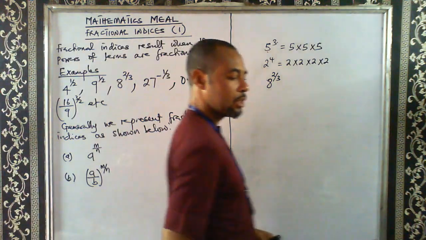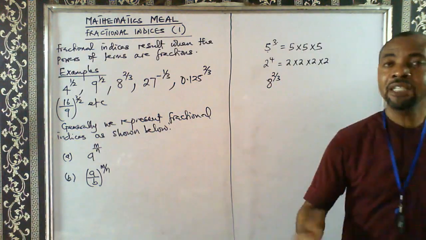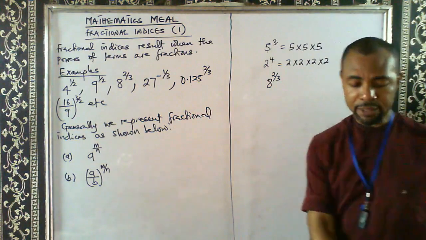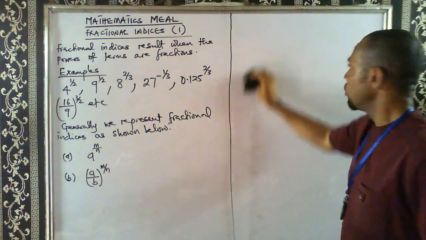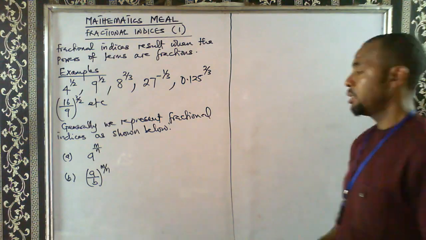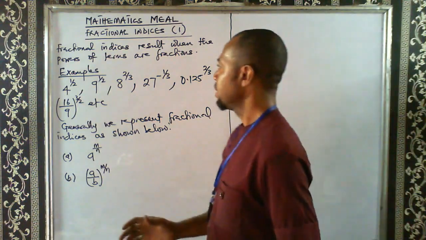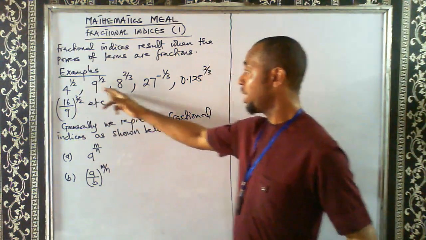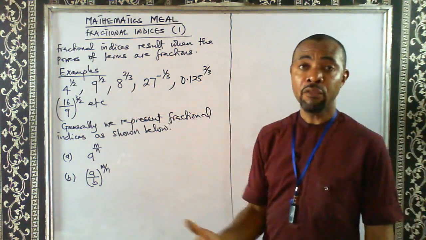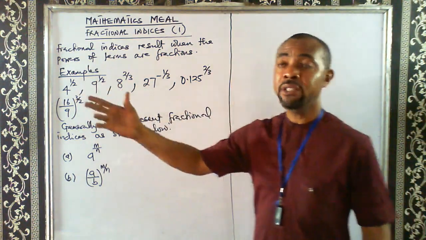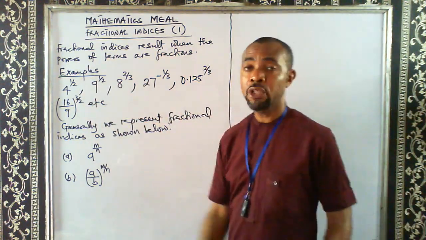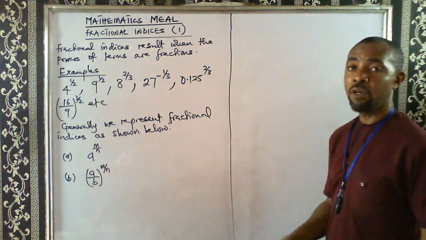So the question is this: how do we handle fractional indices? That's the main issue. At least now we can actually identify fractional indices. We say they must have fractional powers. So all these here are fractional indices because the powers are fractions.